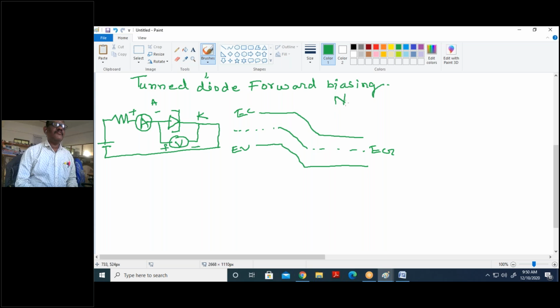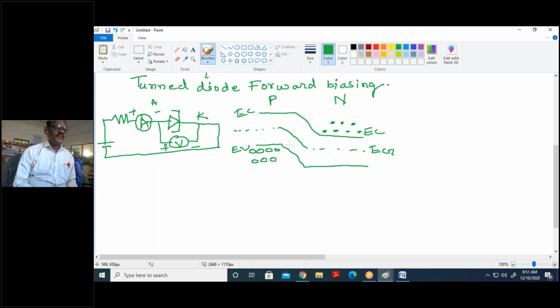This is N-type material, here P-type material. See, all holes available at valency band in P-side material, and with biasing, all electrons available in N-side conduction band, EC. This is first connections.